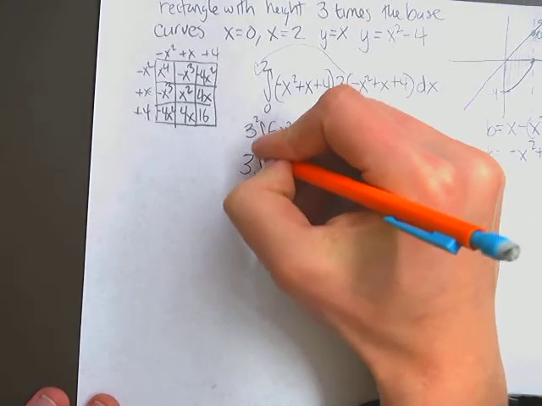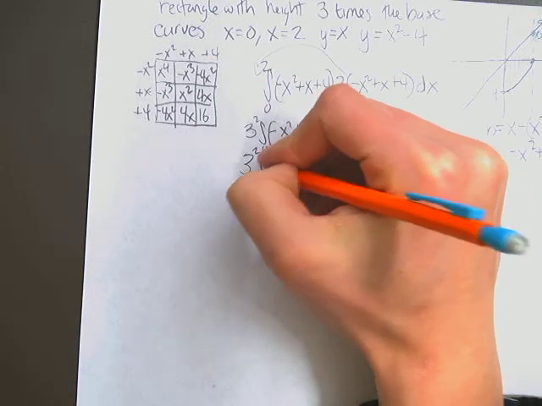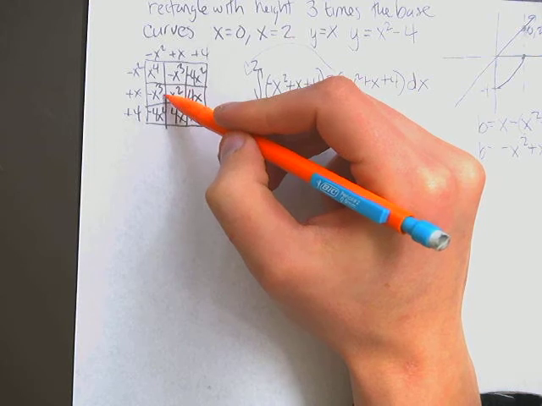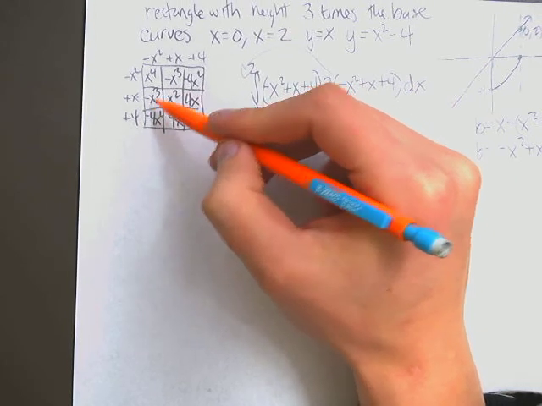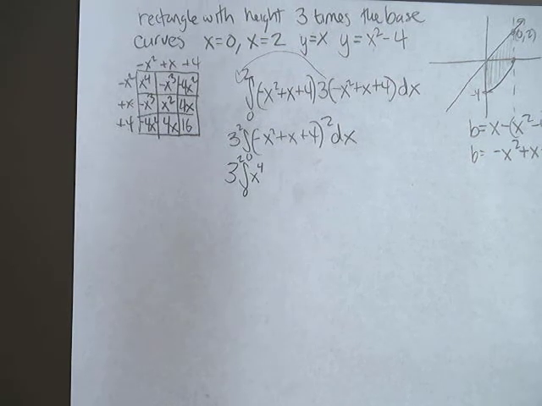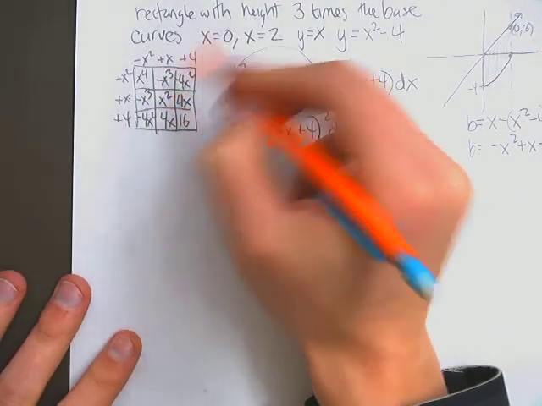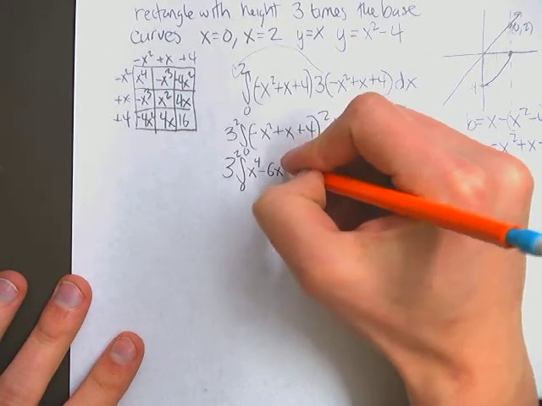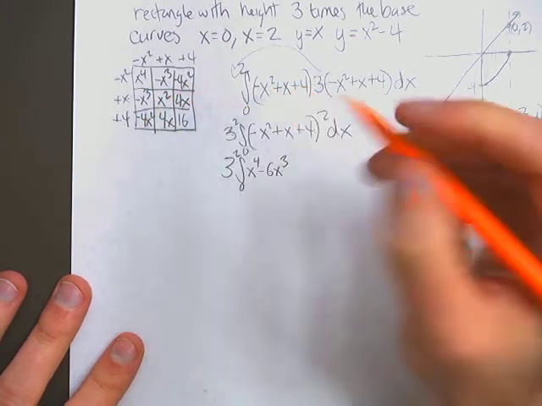Okay, now I just dump them all in here. We're integrating from 0 to 2 of x to the 4th minus, remember when you do the box method here, your diagonal is always going to have the same power, so you can just add them together. So I have negative 6x cubed. I have negative 7x squared.